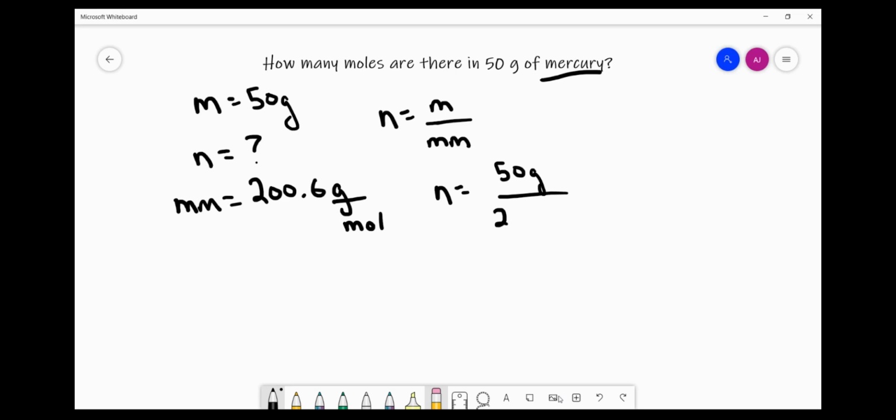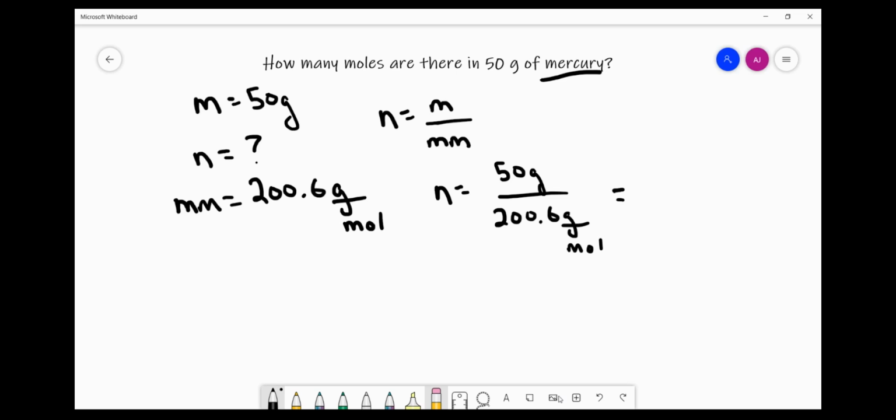So if 1 mole weighs 200 grams, and I only have 50 grams, we should intuitively see that I should have less than 1 mole. That's a good way to check your answer, is to think about what kind of value I should get.